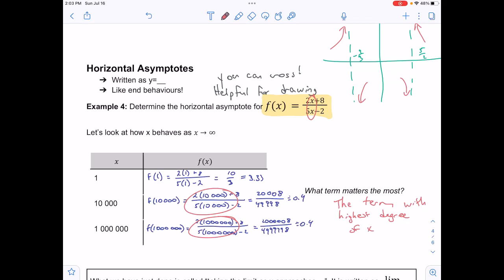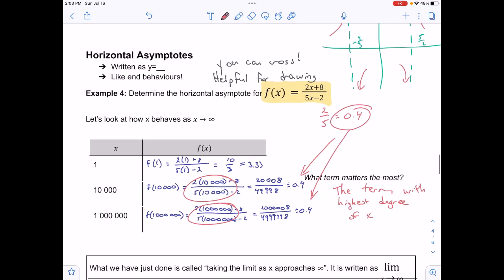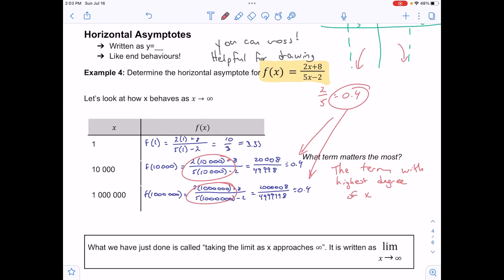Now let's look for a second, really curiously, back at our initial question here. What if we divided 2 over 5? Interestingly, 2 over 5 is 0.4 exactly. Huh. 0.4? Not a coincidence. What we've just done is called taking the limit as x approaches infinity.